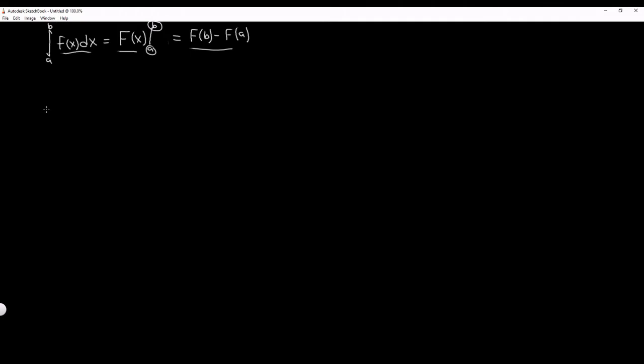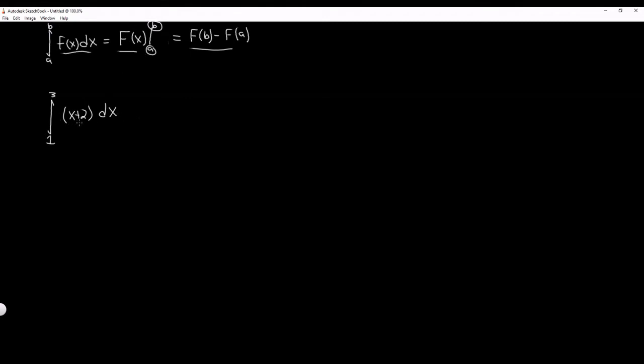So we're gonna actually put this into practice. We're gonna start with our first problem. We're gonna take the definite integral from 1 to 3 of x plus 2 dx. This theorem states that first we take the antiderivative.